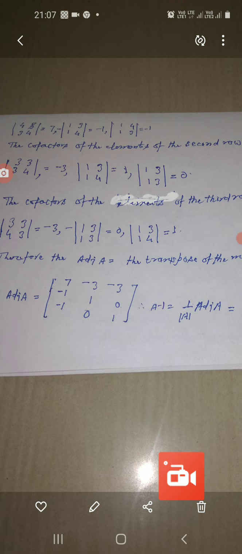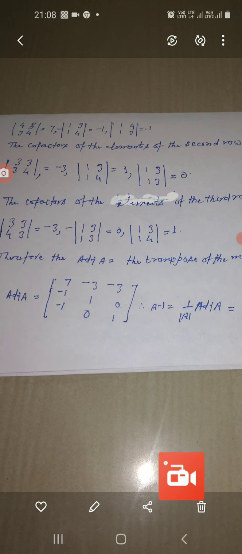Now we find the transpose of the given matrix. We see that the adjoint of A is equal to, in the first row, 7 minus 3 minus 3, then minus 1 1 0, and in the third row minus 1 0 1.